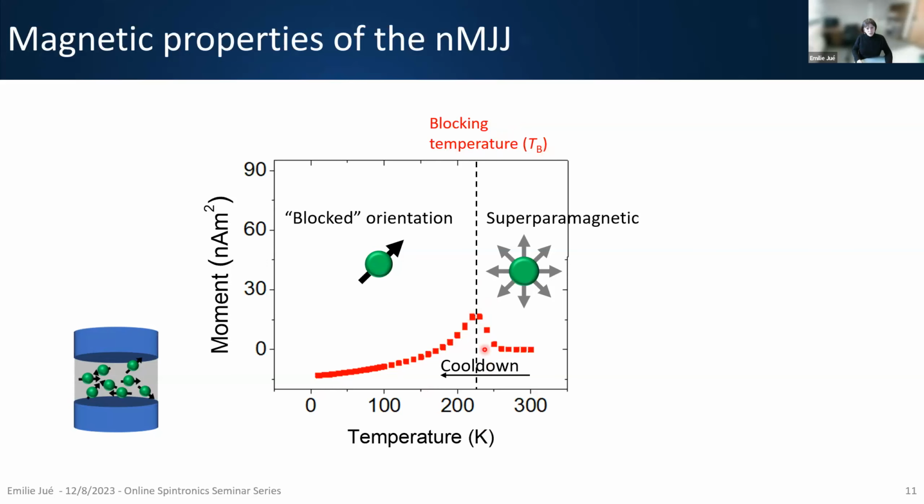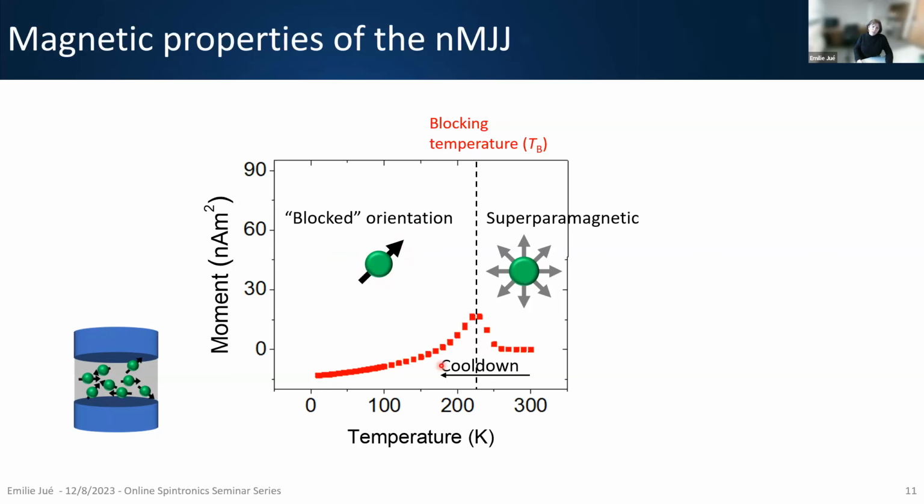Above this temperature, the nanoclusters are in a superparamagnetic state, which means that the magnetization of the nanoclusters is unstable due to the high thermal energy. When we get below the blocking temperature, the magnetization of the nanoclusters is blocked in a fixed orientation. And we can actually use this property to influence the orientation of the nanoclusters.